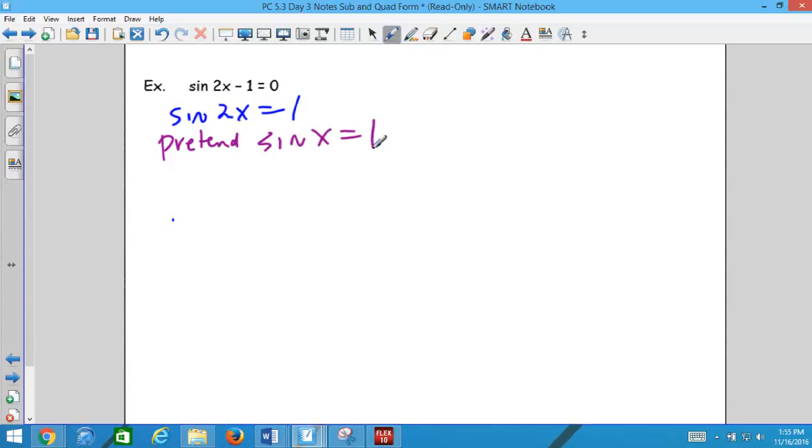So we're just going to pretend that sine x equals 1. What would the x values be at sine x equals 1? Or what angles? At just pi over 2, right? So that's the original, but it's not sine x, it's sine 2x.